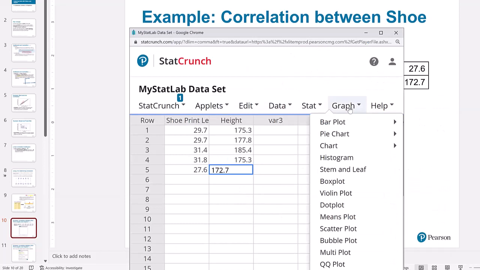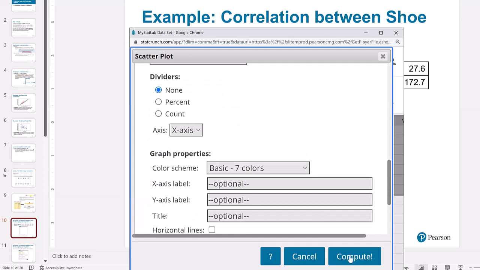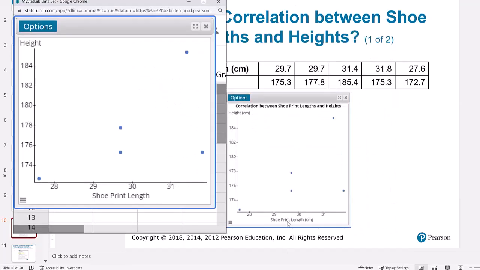So I'm going to go here to graph, scatter plot. And my X value is going to be shoe print length, and my Y value is going to be height. And that's really all I need. I'm going to hit compute. We can see that this looks exactly the same. These points are the points in my graph. For example, if I want to find this point, my X value is 29.7, close to 30, and 175.3.